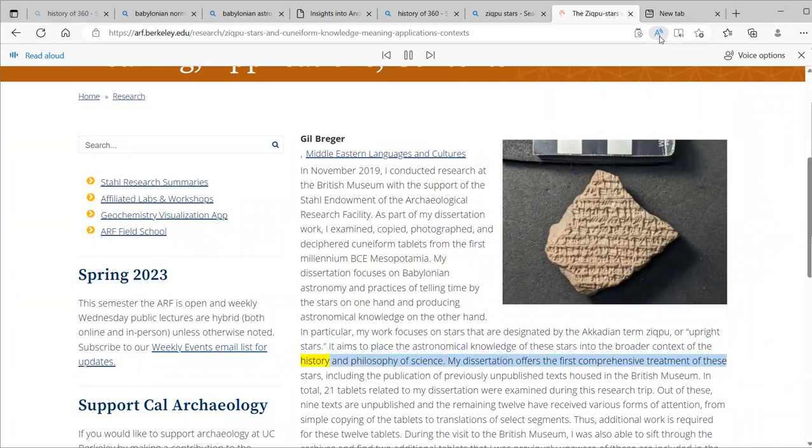Into the broader context of the history and philosophy of science. My dissertation offers a very strong traditional treatment of methodology.